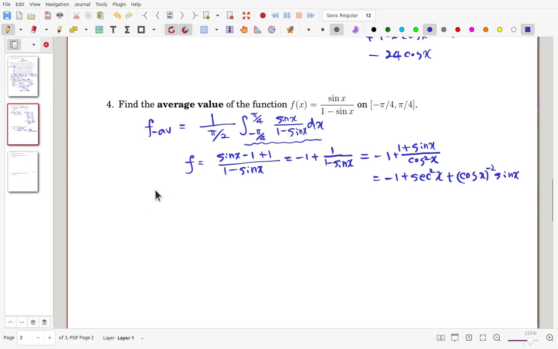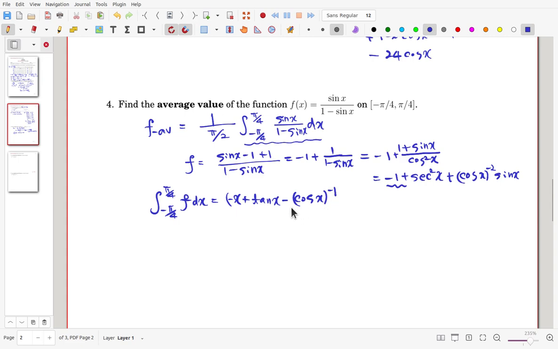First, we try to find the integral. So the integral from minus pi over 4 to pi over 4 of f dx is the same as the antiderivative, which is minus x here, and then tangent of x, and for that one, minus cosine x to the power minus 1.